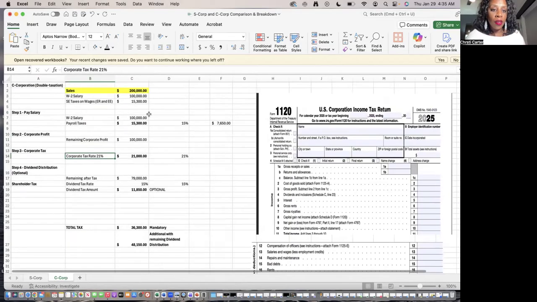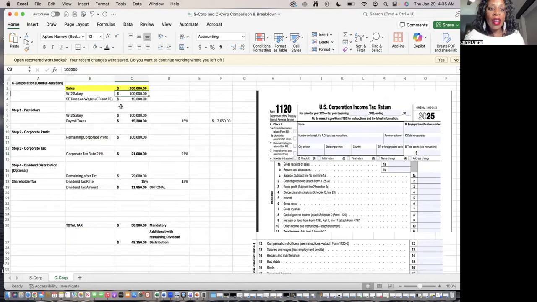So you made $200,000, you paid yourself 100,000. Now there is $100,000 sitting in your corporation as corporate profit. Unlike an S-Corp, you are going to be charged a set rate of 21%. It's not going to be like the federal income tax brackets that we went over, where there's 10%, 12%, and so on and so forth.